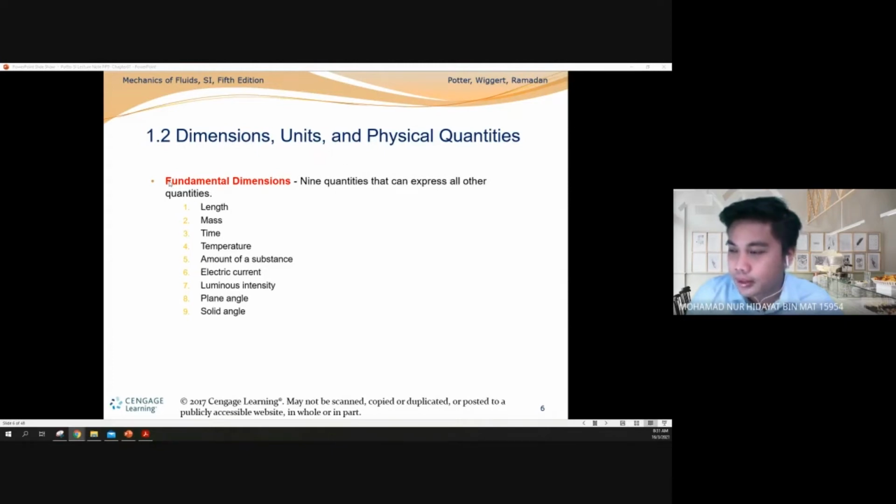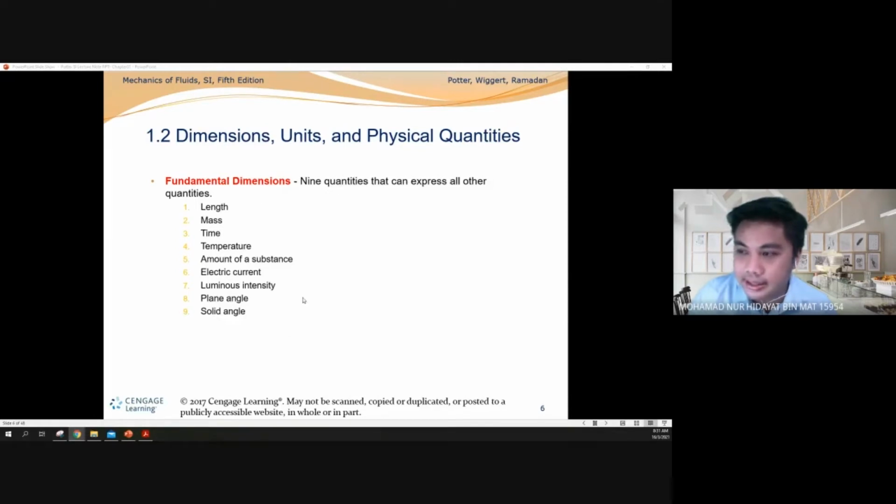The fundamental dimensions are the quantities that can express all other quantities. We also call them the base dimensions: length, mass, time, temperature, amount of substance, electric current, luminous intensity, the plane angle, and the solid angle.